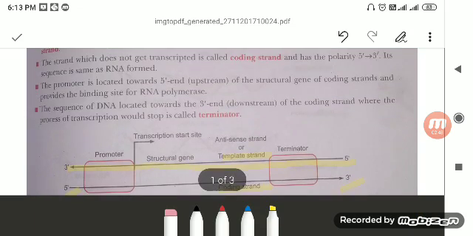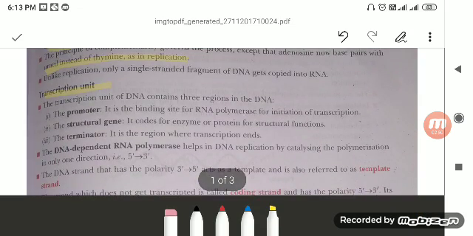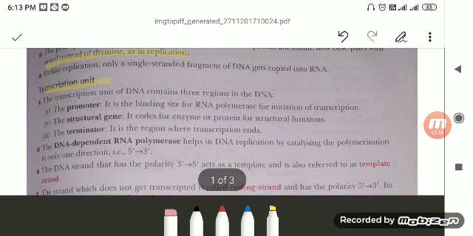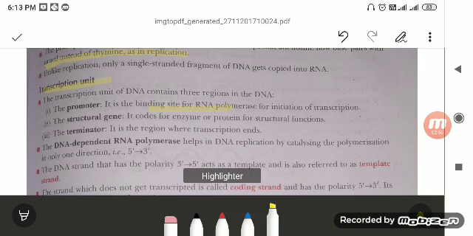So what is the transcription unit? It consists of three regions. Number one is the promoter, which is the binding site of RNA polymerase for initiation of transcription. Number two is the structural gene, and number three is the terminator.